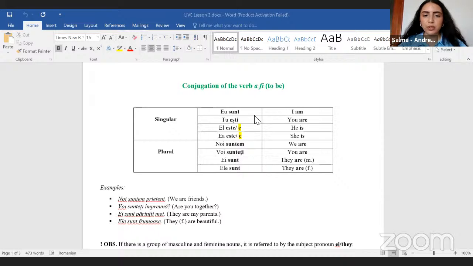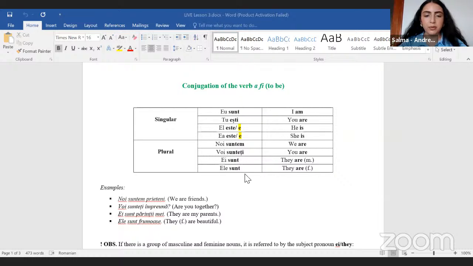So eu sunt, tu ești, el este, or el e, ea este, or ea e. I told you last time that this is the abbreviated form, the short form of the verb to be, which is just for the third person singular. Noi suntem, voi sunteți, ei sunt, ele sunt.